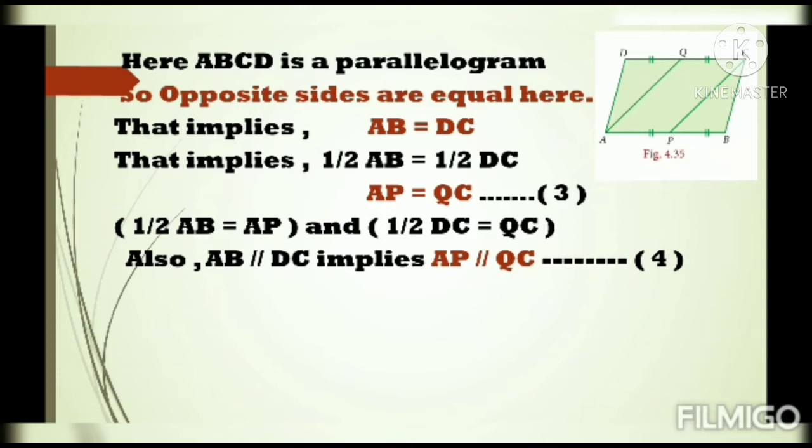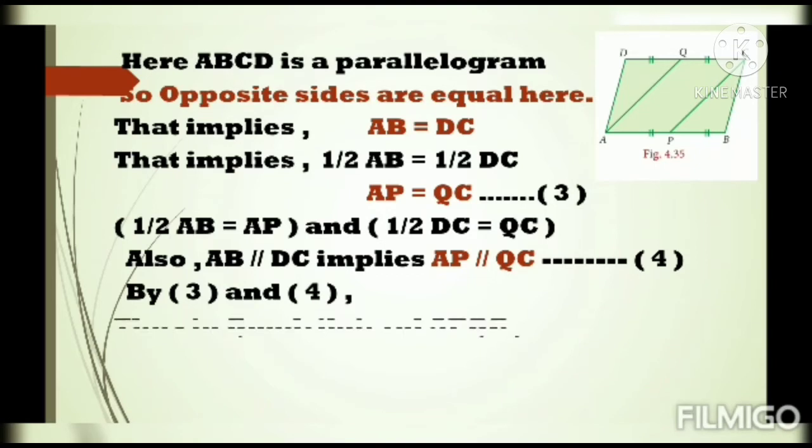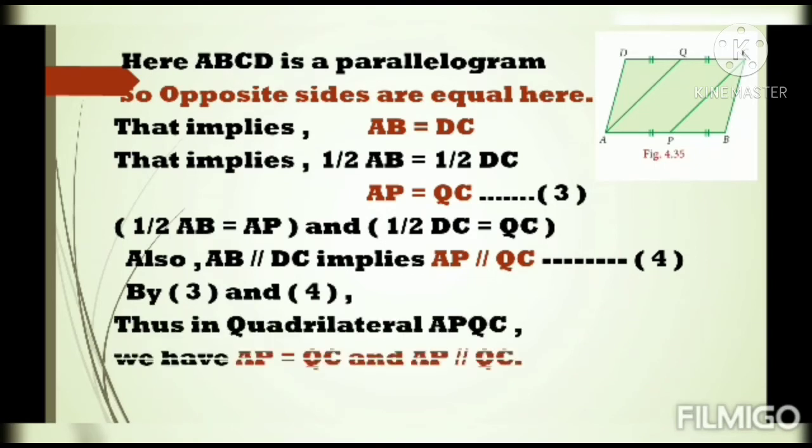Okay guys. So, AP equal to QC, put it as equation 3. AP is parallel to QC, put it as equation 4. Okay. From the two relations, what can we say? Thus in the quadrilateral APCQ, the opposite sides AP and QC are equal and parallel.